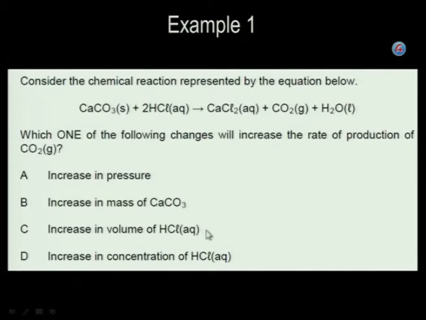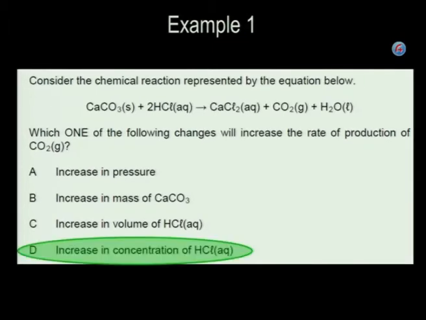You would have to increase the concentration of hydrogen chloride, not the volume. So D, an increase in concentration of hydrogen chloride. Yes, that would increase the molecules, and that would increase collisions, and then increase the rate of the reaction. So the correct answer is D.